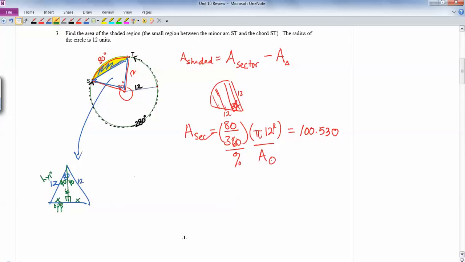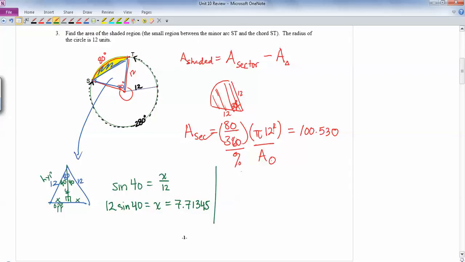So we're going to have to do sine of 40 equals x over 12. So 12 sine 40 equals x. And if you plug that into a calculator in degree mode, you'll get about 7.71345.